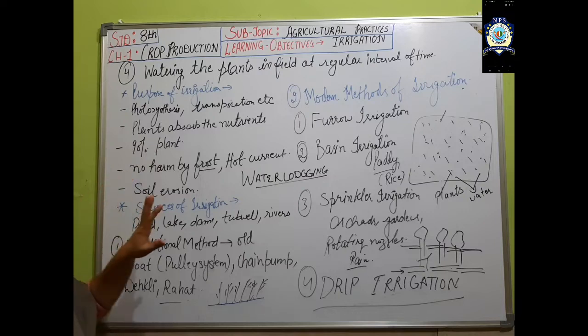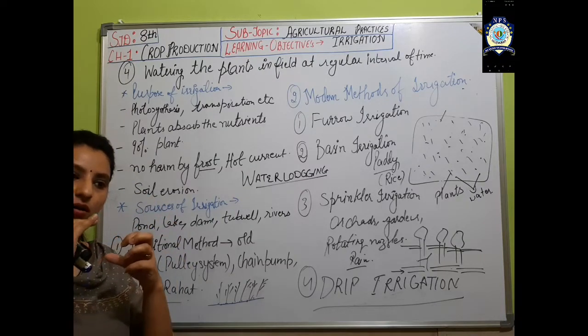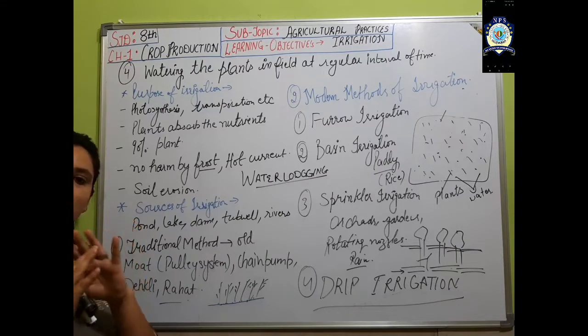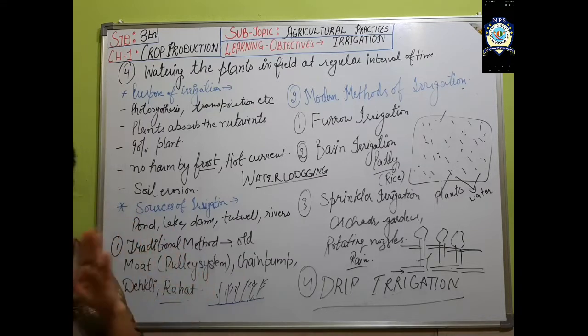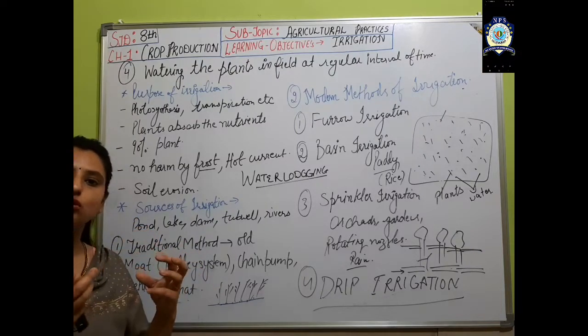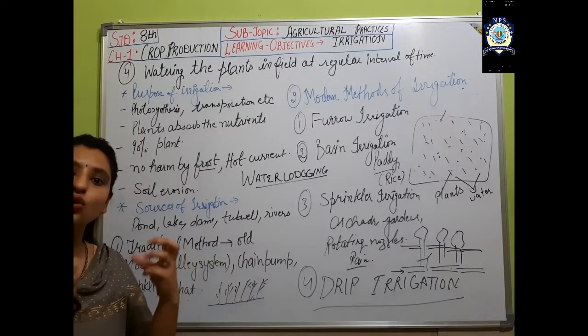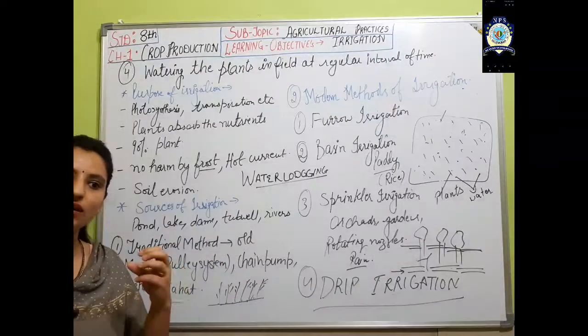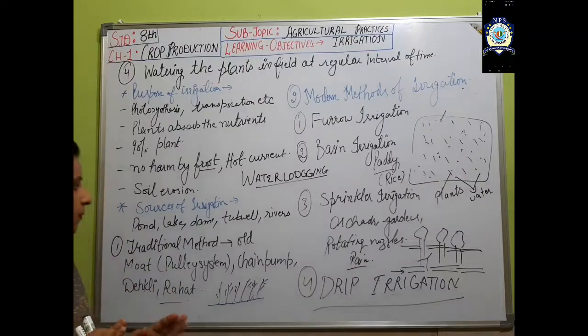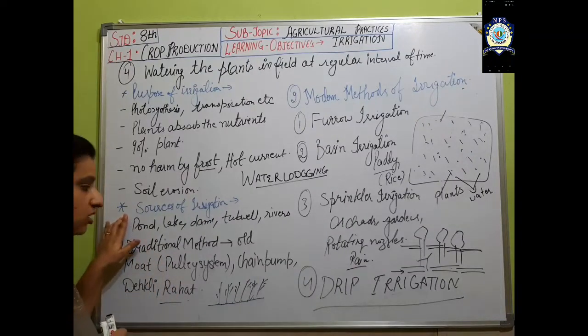Then if water is present in the soil, due to frost and hot currents, there is no harm to the plant. Also, moist soil helps in good growth of the plant, and seeds only germinate in moist soil.